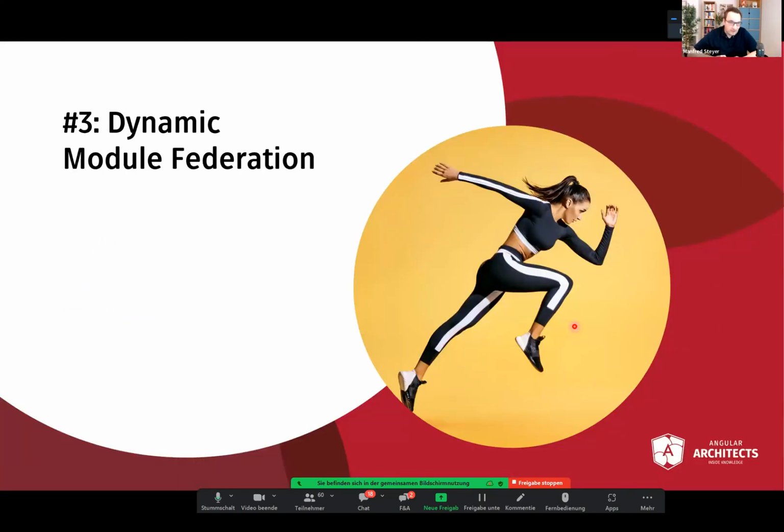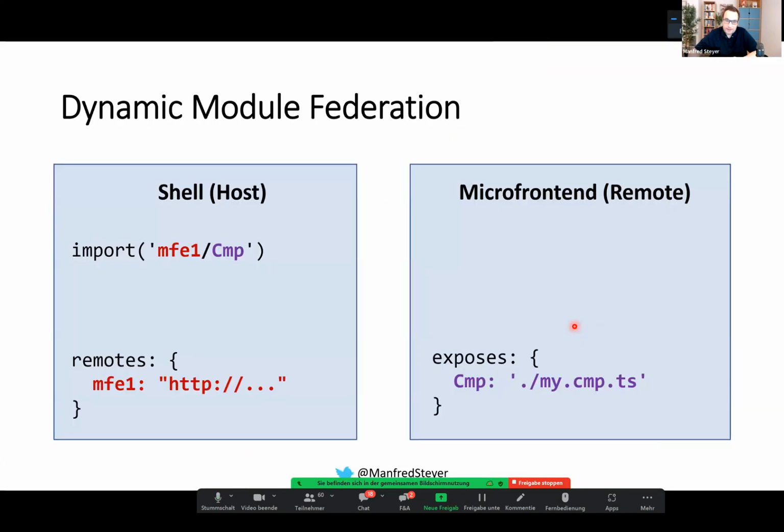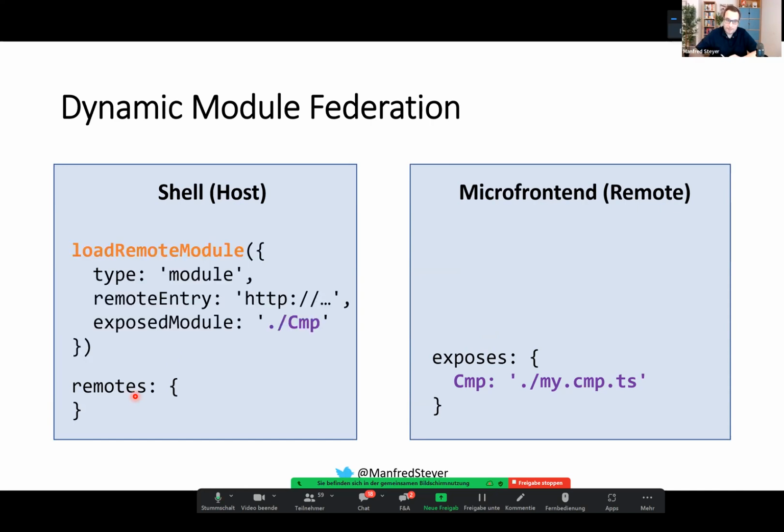Okay, so let's also talk about dynamic module federation. Sometimes you don't know about your micro frontends upfront. And for those situations, you have to get rid of this remote section here. You cannot map it upfront. And then, as you've seen in my example before, instead of going with an import, you need a little tiny helper function that talks with module federation at runtime.